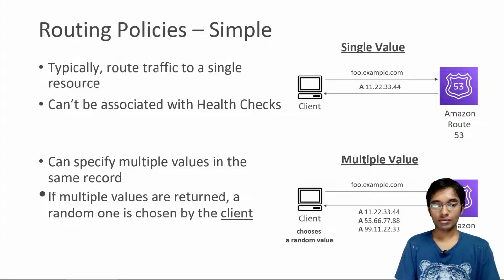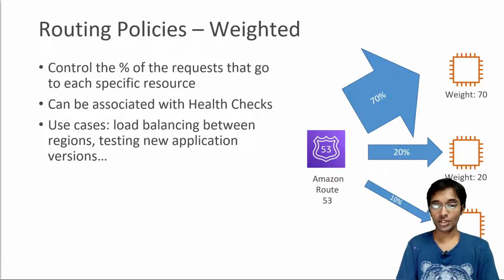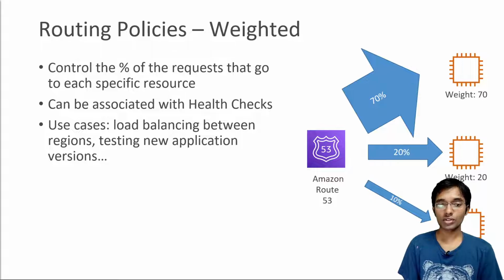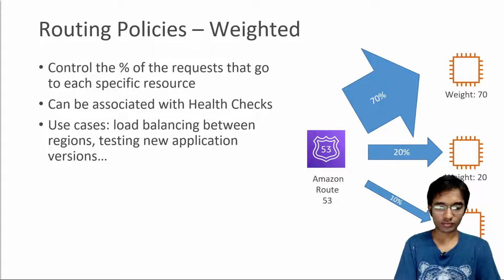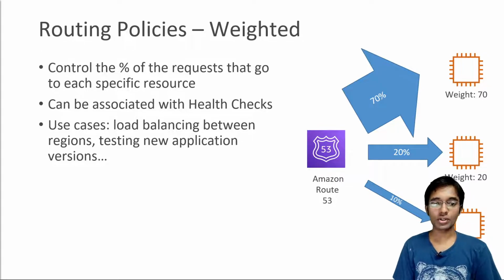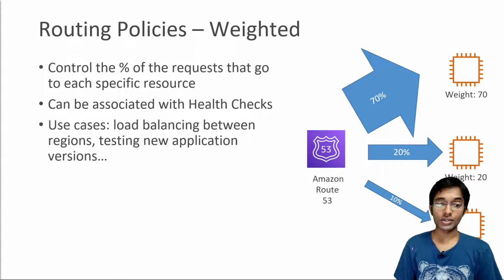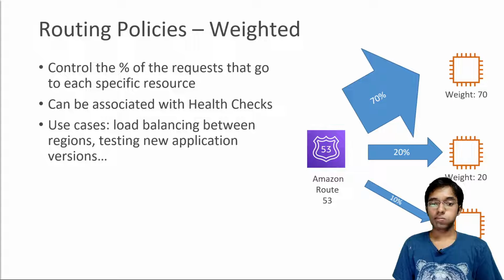Next we have the weighted routing policy. Weighted gives you the ability to control the percentage of the requests that go to a specific resource. So in this example, we have 70% of the requests going to my first EC2 instance, then 20% to my second EC2 instance, then 10% to the last EC2 instance, which has a weight of 10.